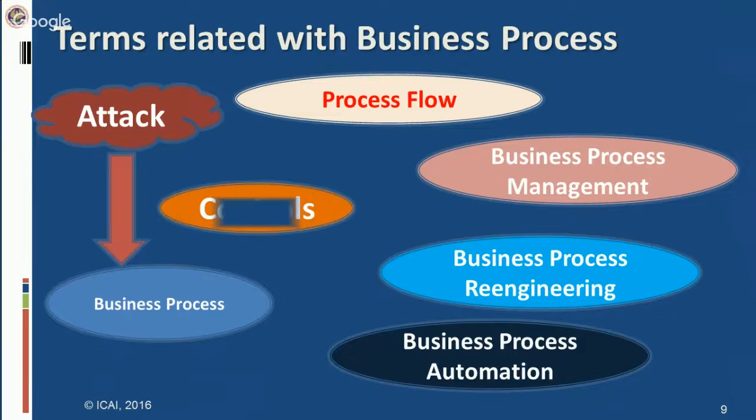And to prevent our business processes against these attacks, we have to put some controls so that these attacks can be minimized. So the terms related with business process broadly would be business process management, automation, reengineering, and controls.